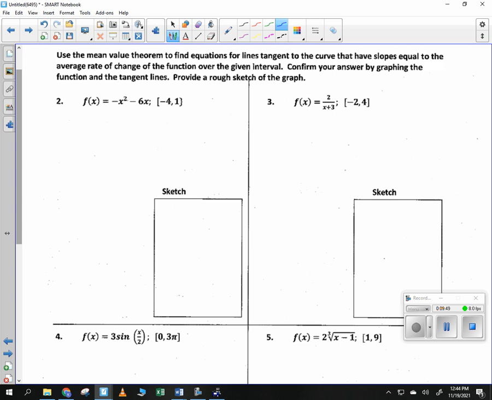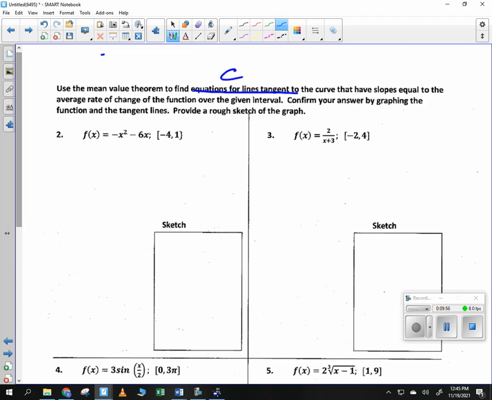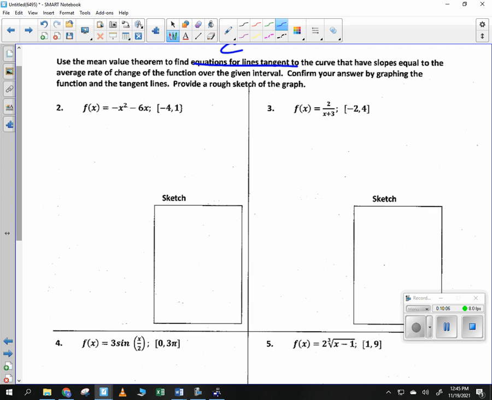So it says, use the mean value theorem to find equations for the line's tangent. We're not going to do all that. We're just going to find C, okay? That's all we're going to do. So this is my function. It's over that given interval. Somehow this parenthesis got messed up there.